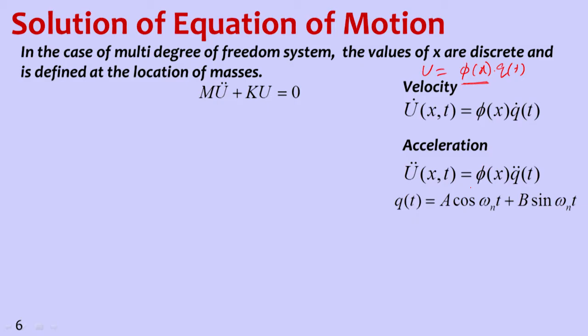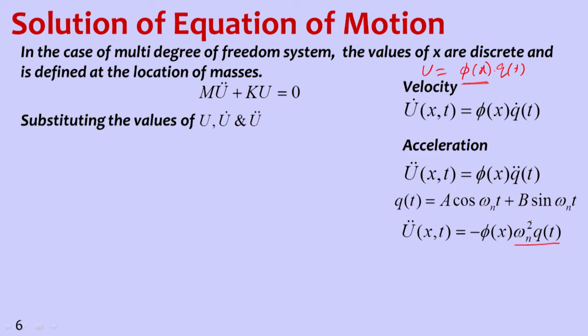Now if we double differentiate this, we get q double dot equal to minus omega n square a cos omega n t minus omega n square b sin omega n t. That means minus omega n square q. That is what is written here. So u double dot is equal to minus phi of x omega n square q of t.